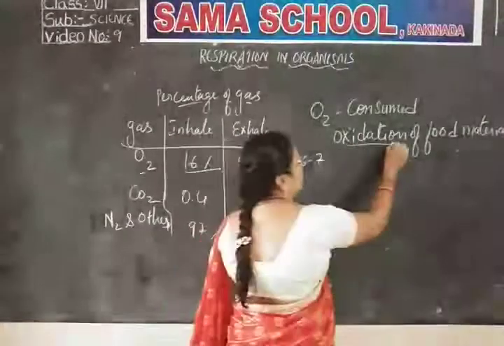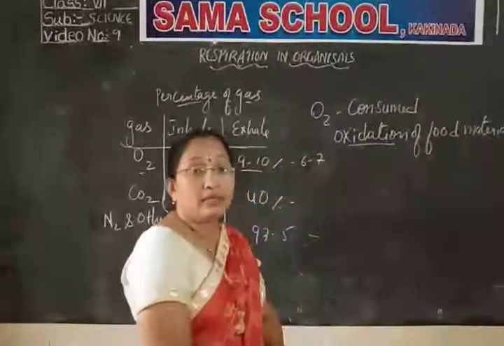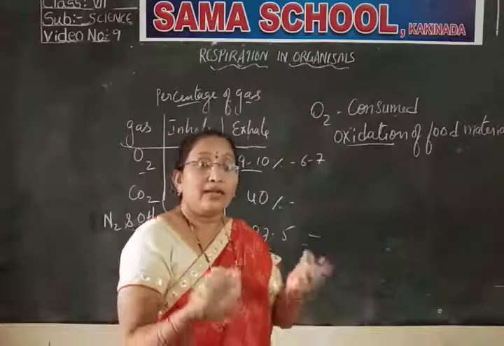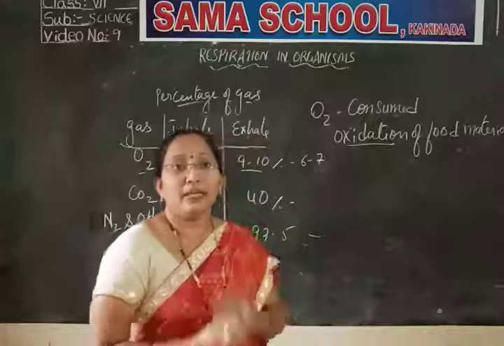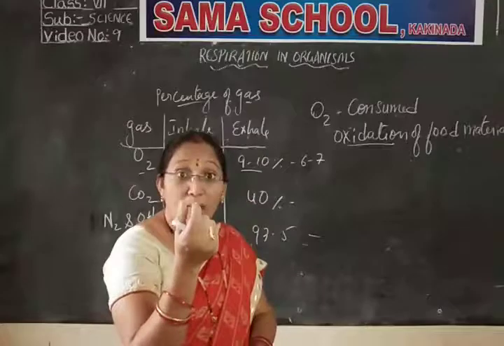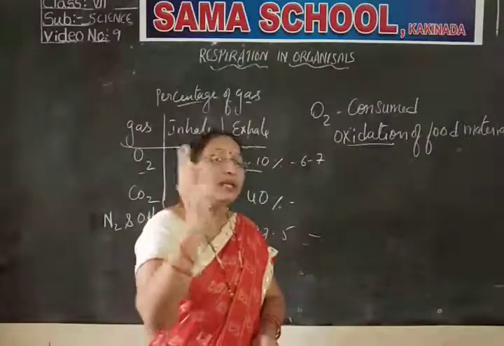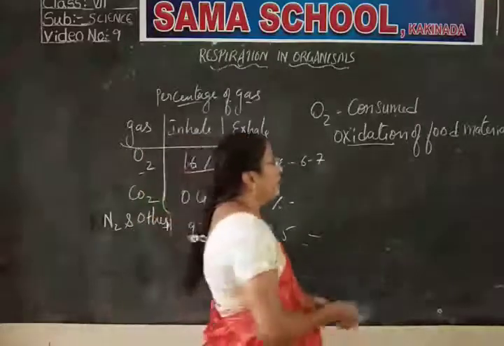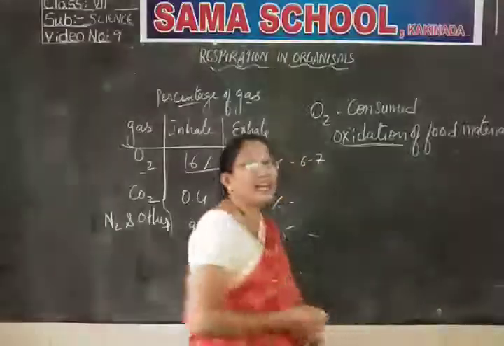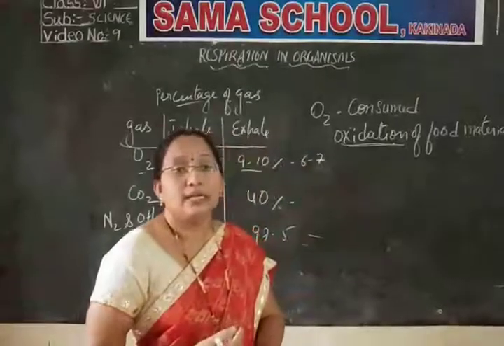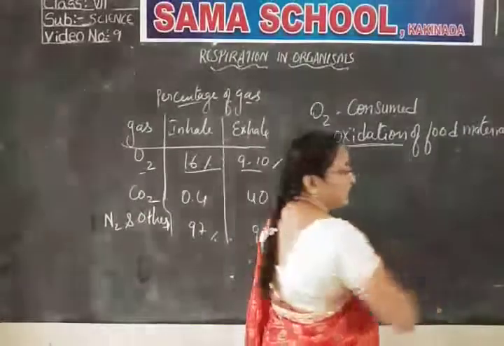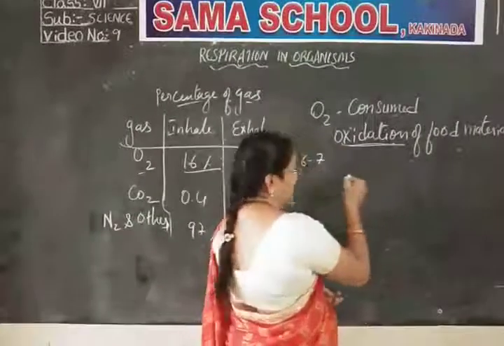It mixes with the blood, and in the blood our food is already stored in the form of glucose. Then only the food is said to be digested. Understand? Now, that process of burning of the food materials into carbon dioxide and energy is called respiration.